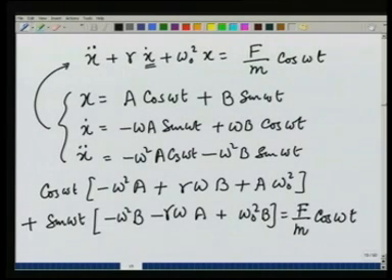Since on the right hand side there is no term of sine omega t, this term must be 0, and this term, minus omega square a plus gamma omega b plus a omega naught square, must equal f over m.